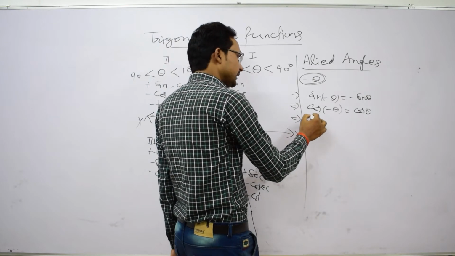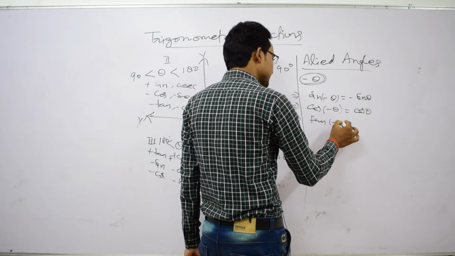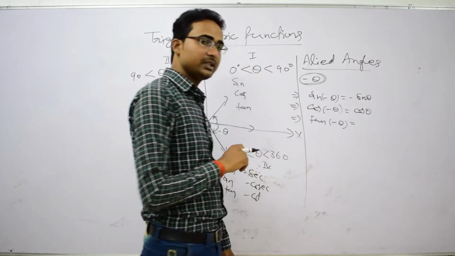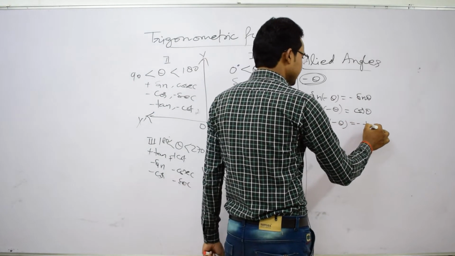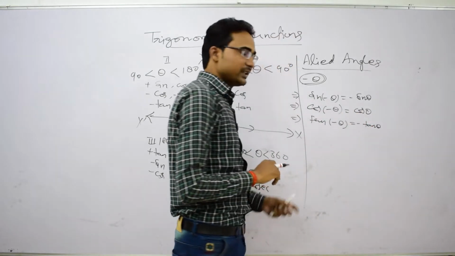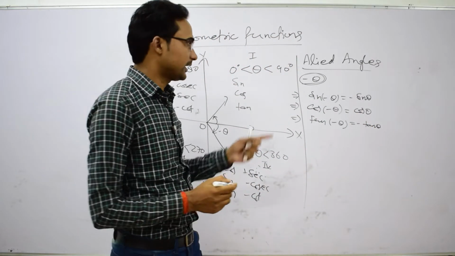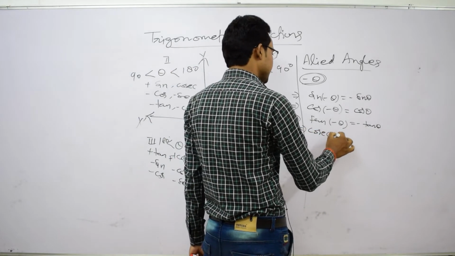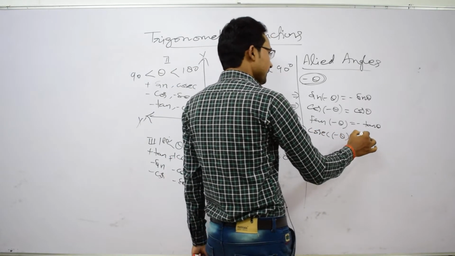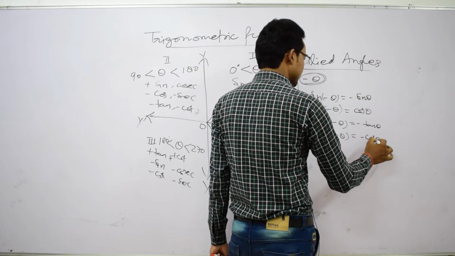Okay. And after that tan minus theta. So, tan minus theta, that means in the fourth quadrant tan is negative. So, minus tan theta. Okay. Now, the reciprocals we can also write with their signs, like cosec minus theta. So, cosec minus theta is equal to minus cosec theta.